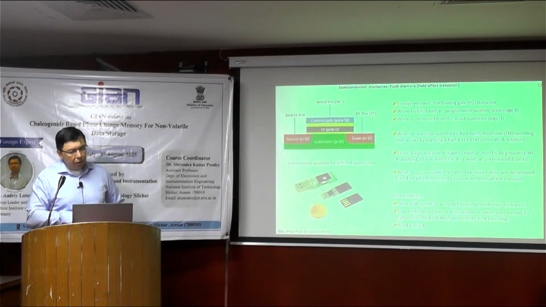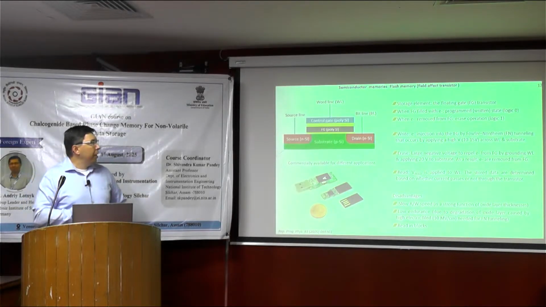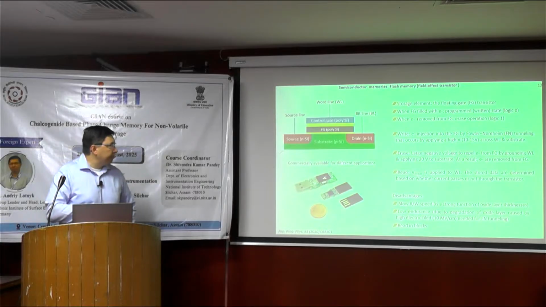When the floating gate is filled with electrons, we get the written state, logic 0. Then when we remove the electrons from the floating gate, we have the erase operation, and this is the logic state 1. The write operation is achieved by injection of electrons into the floating gate by Fowler-Nordheim tunneling, which occurs by applying a high voltage between 10 and 15 volts across the word line and substrate.